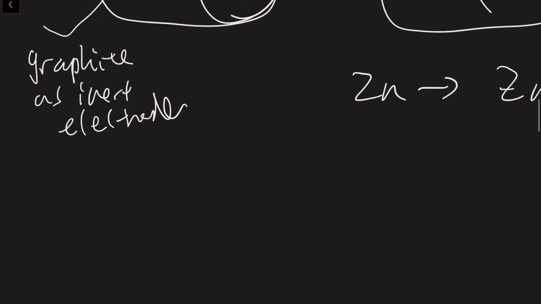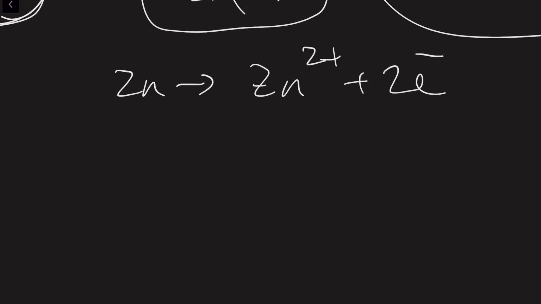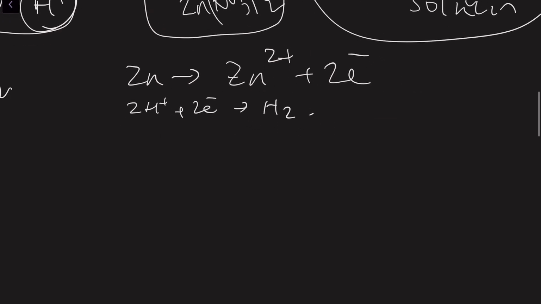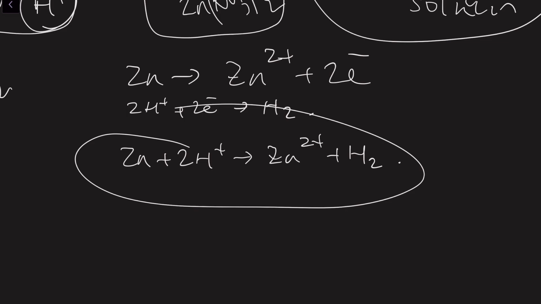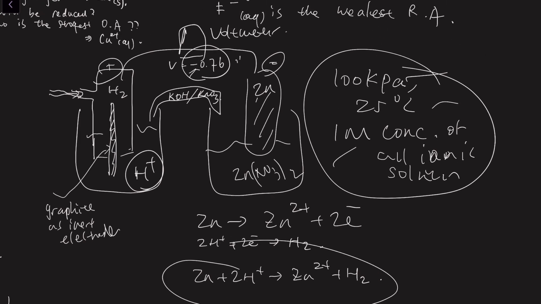So we copy down this chemical reaction from the electrochemical series. And we just add those two equations together. And the electrons cancel out. So this is the overall equation of this chemical reaction. And the voltage here is the maximum theoretical voltage you can obtain from this reaction.